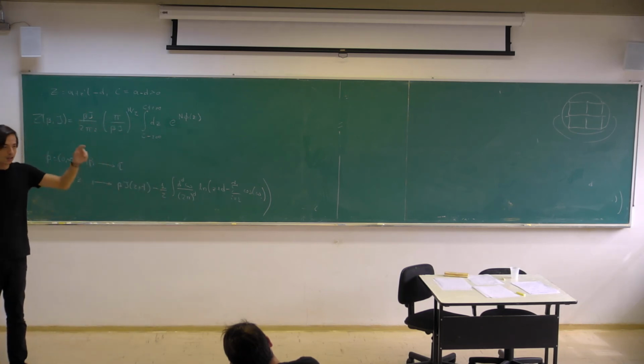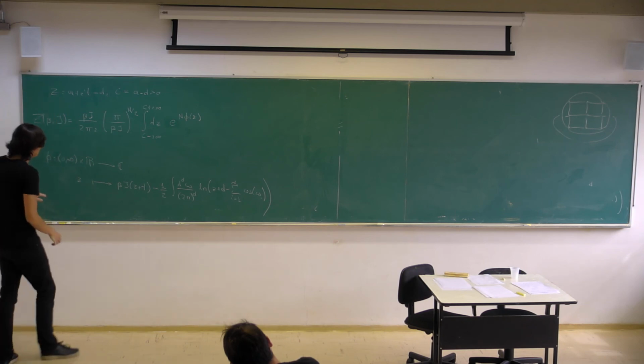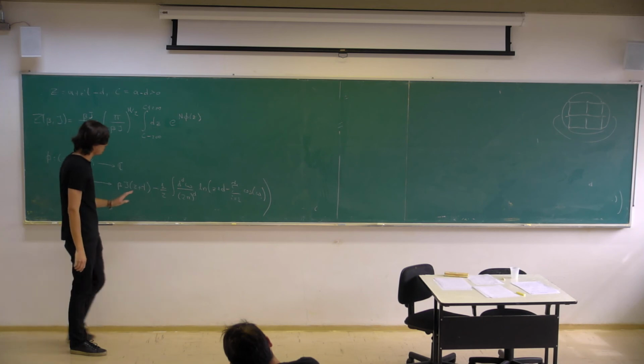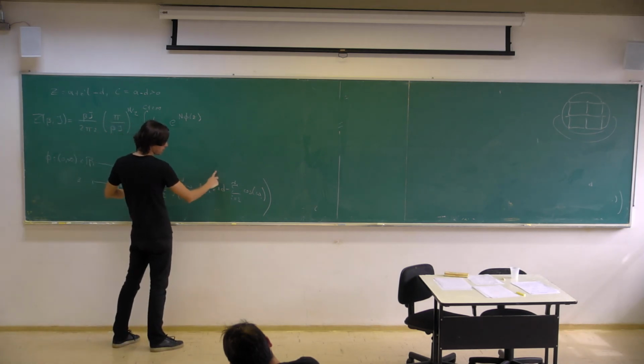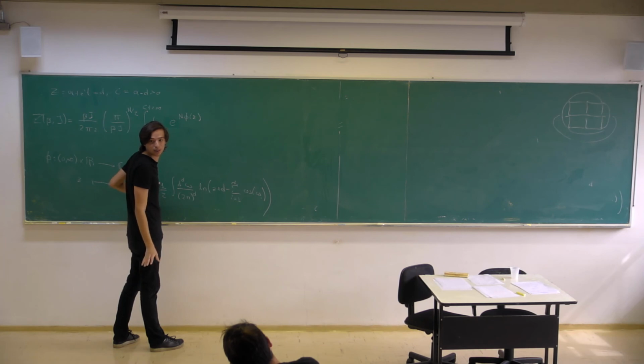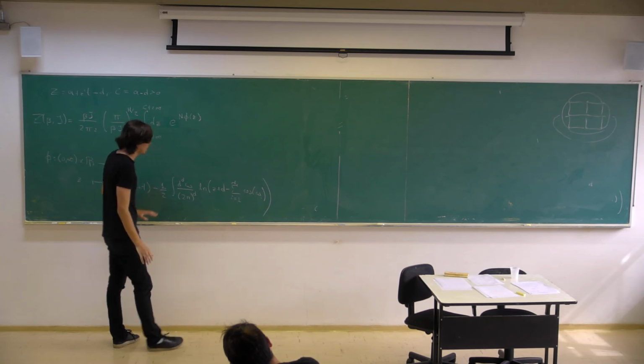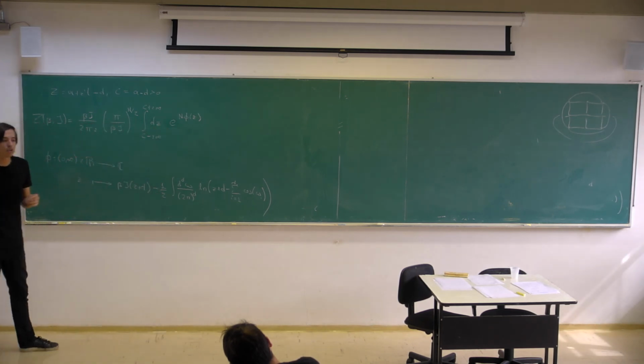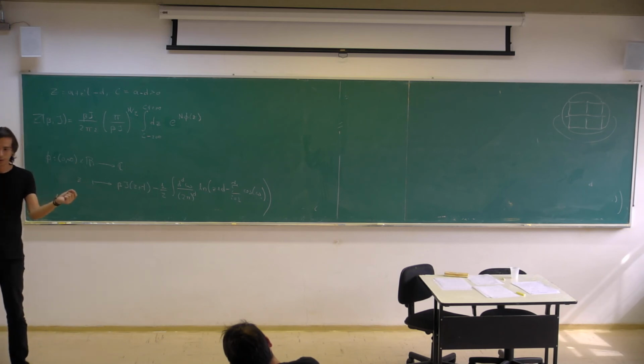So we get that at 0 it goes to infinity, at infinity it goes to plus infinity, and the second derivative of this is going to be something of the form 1 divided by this squared, so it's going to be positive, always positive. So the conclusion is that there's a critical point in the real line, right?